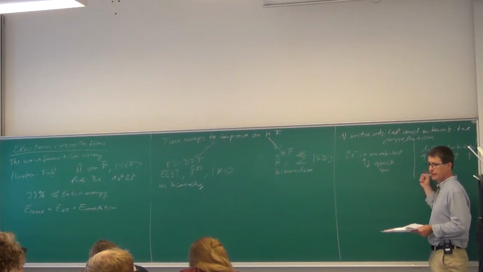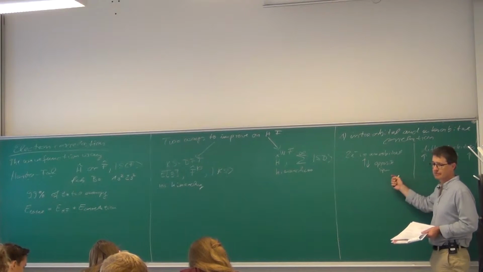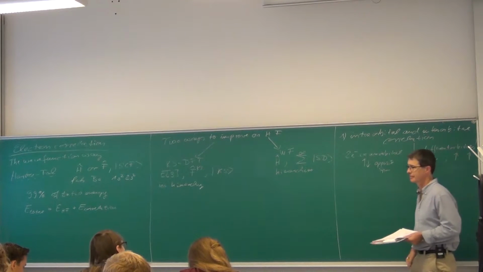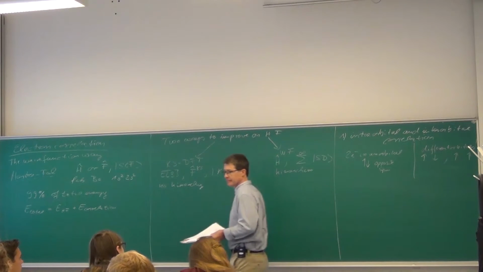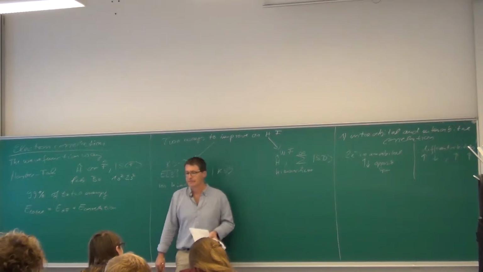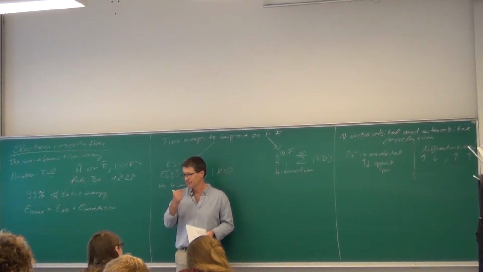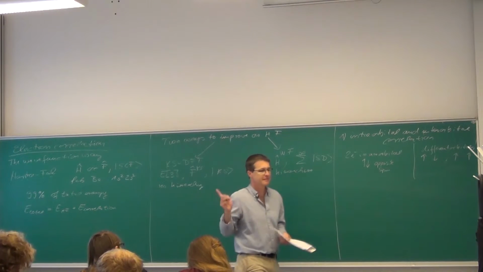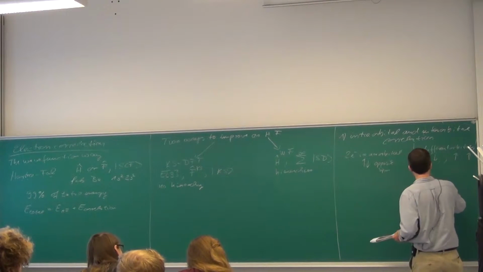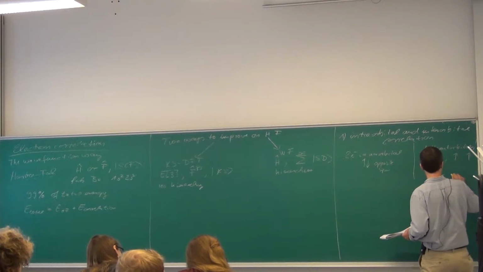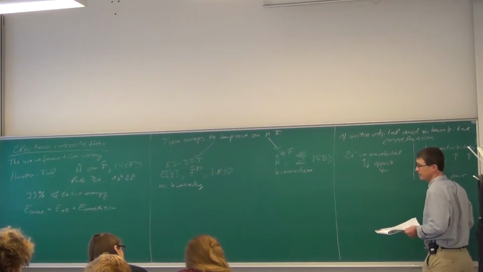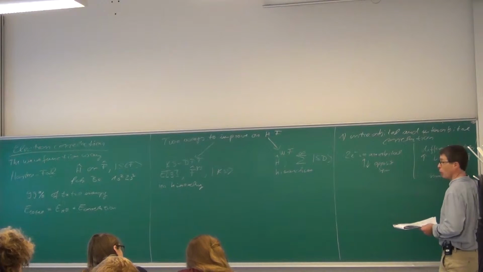Which one do you think is the larger effect? Yeah? It's the one on the right, because there are more pairs. Yes, that's true. There are more pairs here, so you have this more often.